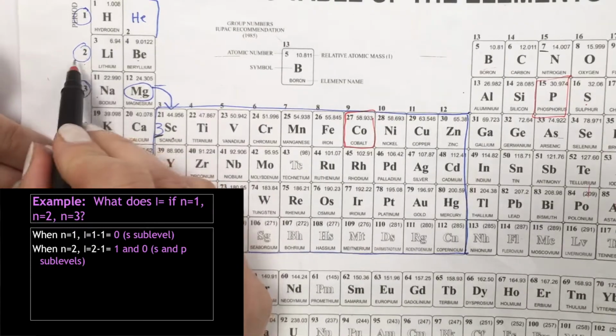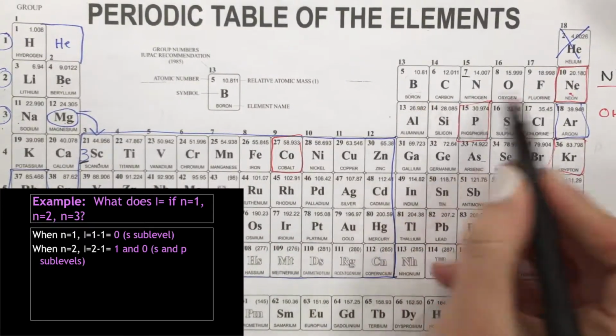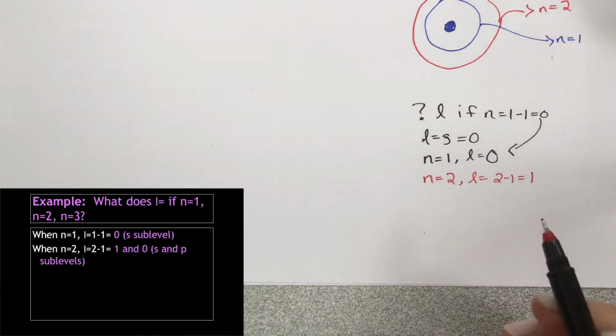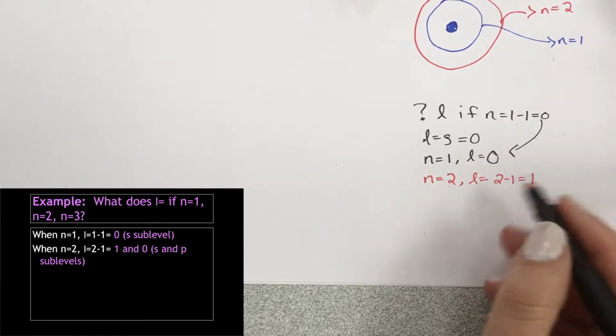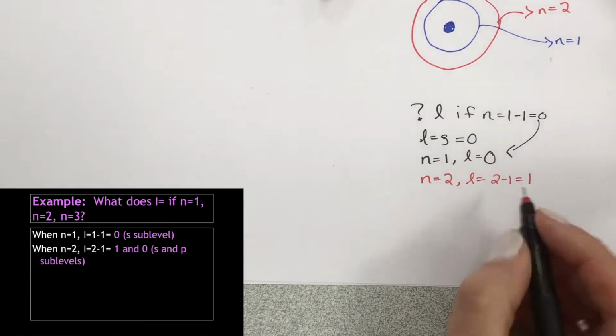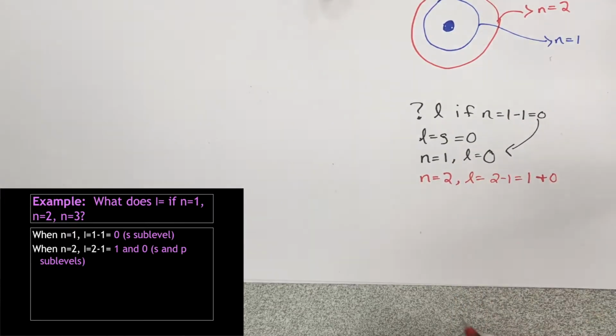But keep in mind, in that energy level you could have an S or a P, so L equals 1 and 0.